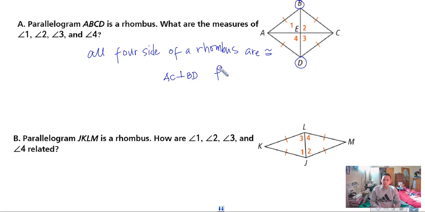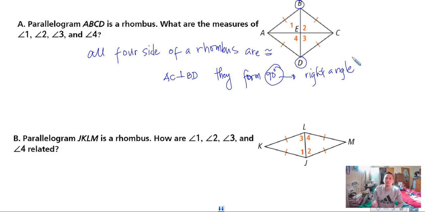Therefore, they form a 90-degree angle, which is a right angle. So you are looking at angle 1, angle 2, angle 4, and angle 3.